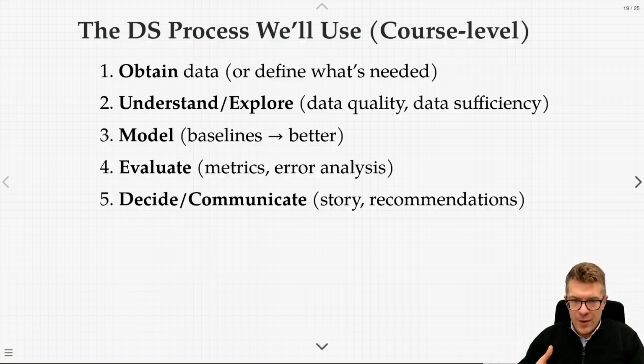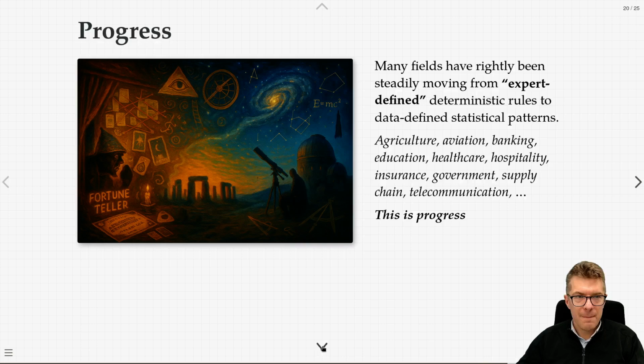We will evaluate those models according to metrics and different kinds of error analysis we'll have at our disposal. And then we will identify how we can decide and how we can communicate based on that evaluation to the real world, to stakeholders. And these are all going to be important topics, which I mentioned, I think, in Module 0. So finally, I think there's going to be various kinds of progress we're going to make in this class.